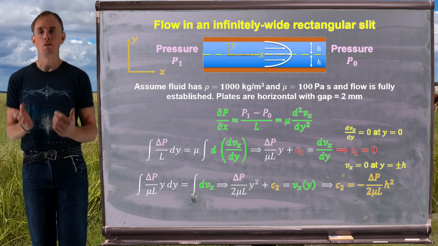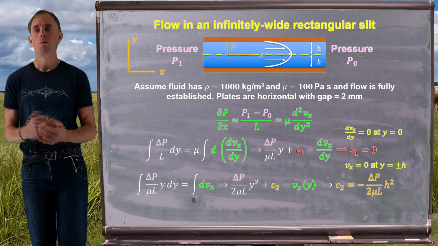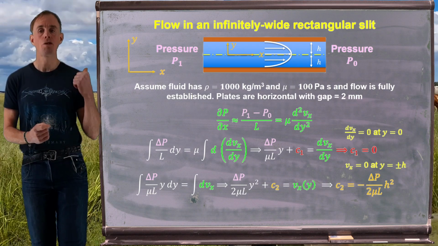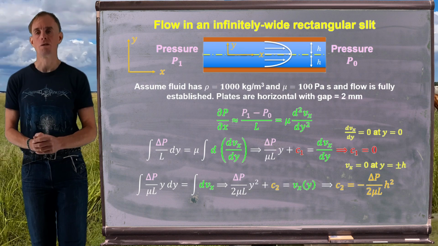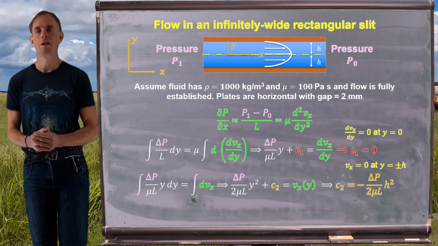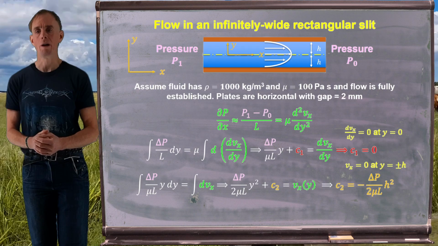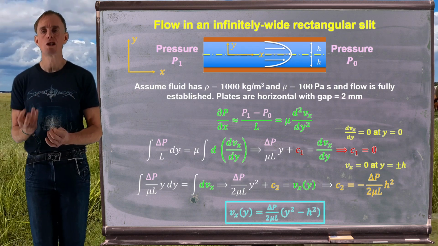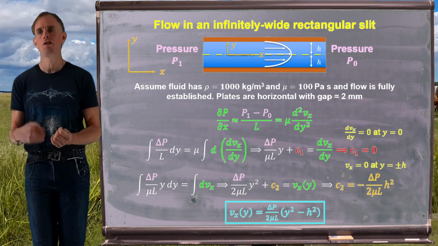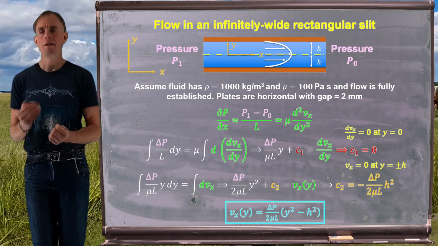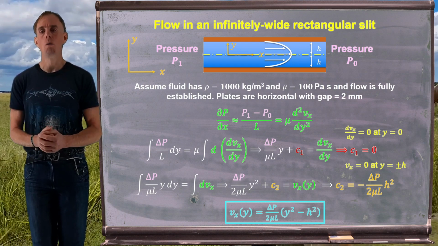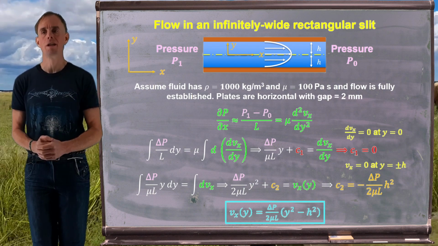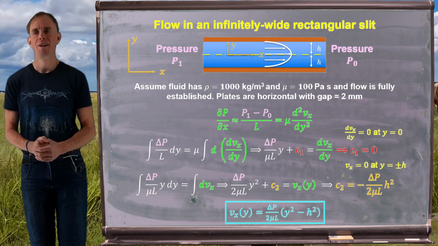So we can set the right-hand side to 0, we can set the left-hand side to delta p over 2 mu L h squared, and that gives us my second integration constant c2 as minus delta p over 2 mu L times h squared. And so the result that we end up with is my x direction velocity, vx, which changes as a function of y, is delta p over 2 mu L times y squared minus h squared. So there is my parabolic velocity profile that we started with.